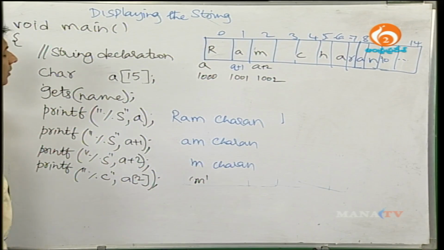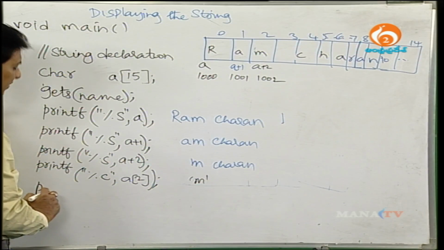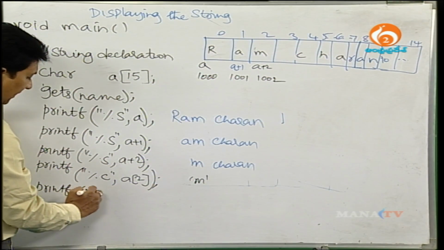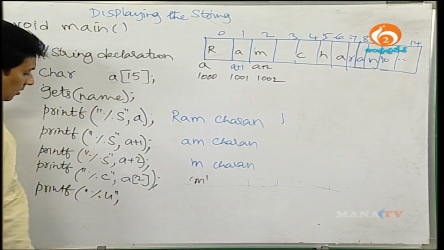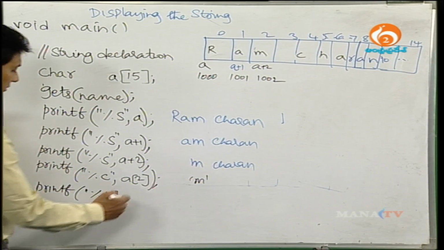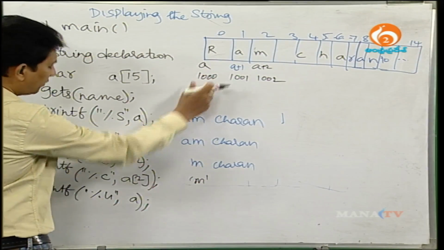Now I want to display the address. This address I want to display. What is the format specifier, that is printf %u, next simply the name of the array, means this 1000 is displayed.